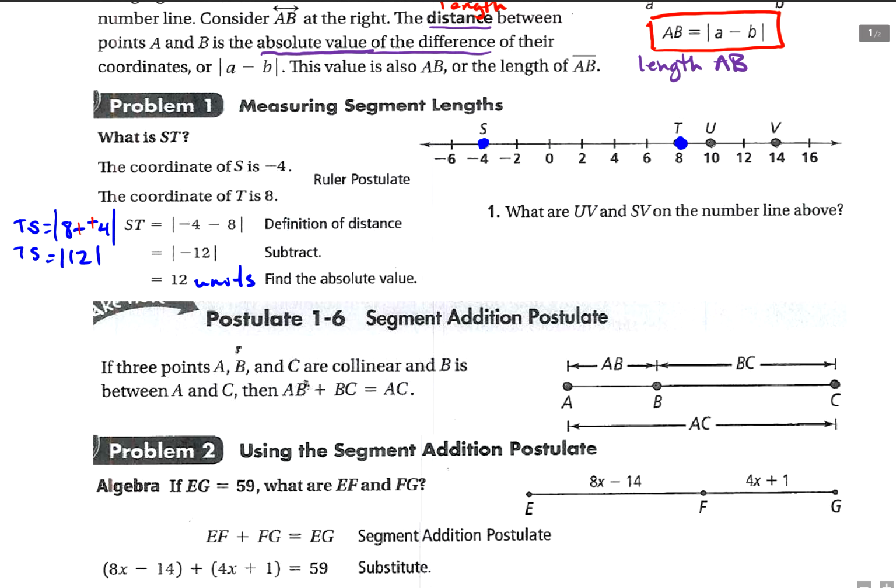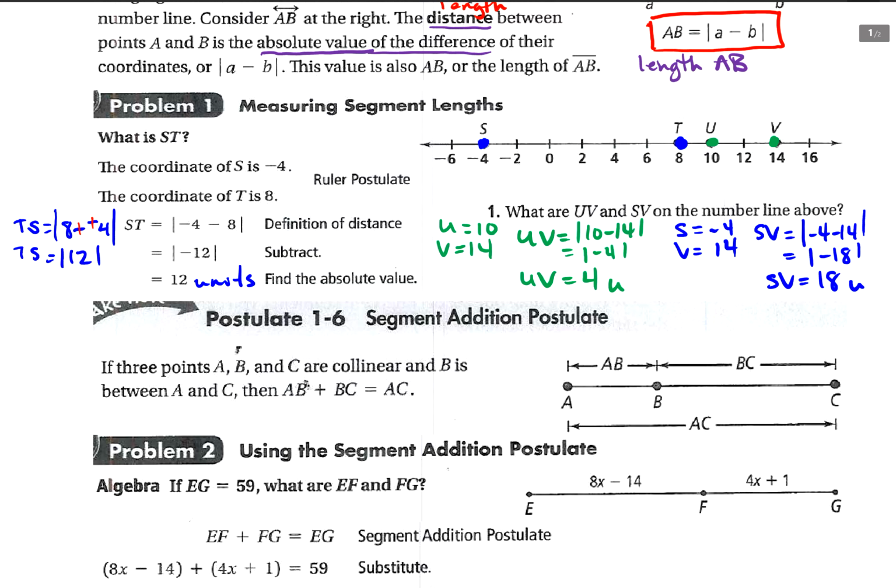And look, we get the absolute value of 12 is 12 units. So we are simply looking at how far do we travel on the number line. It does not matter which direction we go. So pause the video and do the example problem there. Do the problem.